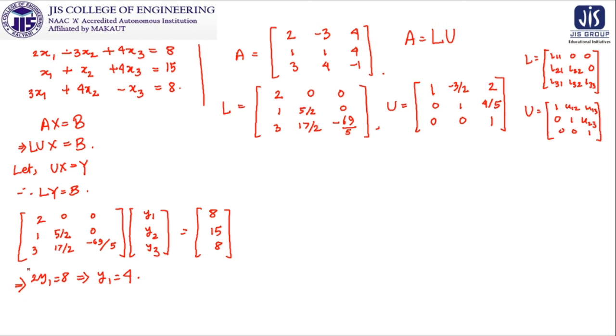From the second line you can write 1 into y1 plus 5 by 2 into y2 is equal to 15, and as y1 is already known to you, we can write 5 by 2 y2 is equal to 15 minus 4, that is 11. So y2 is equal to 11 into 2 by 5, so you got y2 is equal to 22 by 5, and in a similar manner you get the value of y3, which is 3.